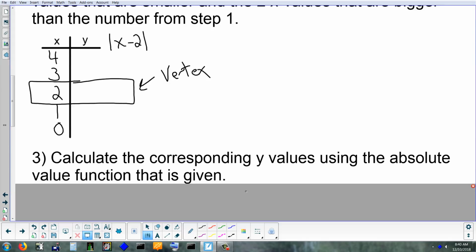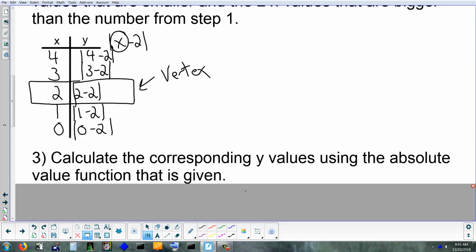If I'm going in order from greatest to least, what's my first x value in my chart? 4, right? What am I going to write in for x? Look in the left-hand column. 4. You can set them all up at once or do it one by one. It doesn't matter. So it'll be 4 minus 2, 3 minus 2, 2 minus 2, 1 minus 2, and 0 minus 2. We can set them all up at once.